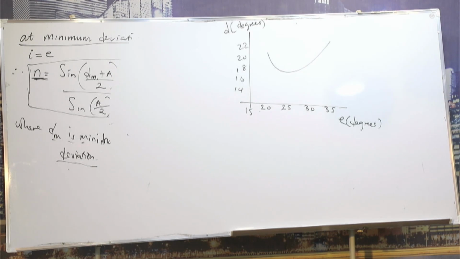The incident angle that produces the minimum deviation is... So meaning that in the diagram, what angle of incidence will produce the angle of minimum deviation? In that diagram, what is the angle of incidence that will produce the angle of minimum deviation?